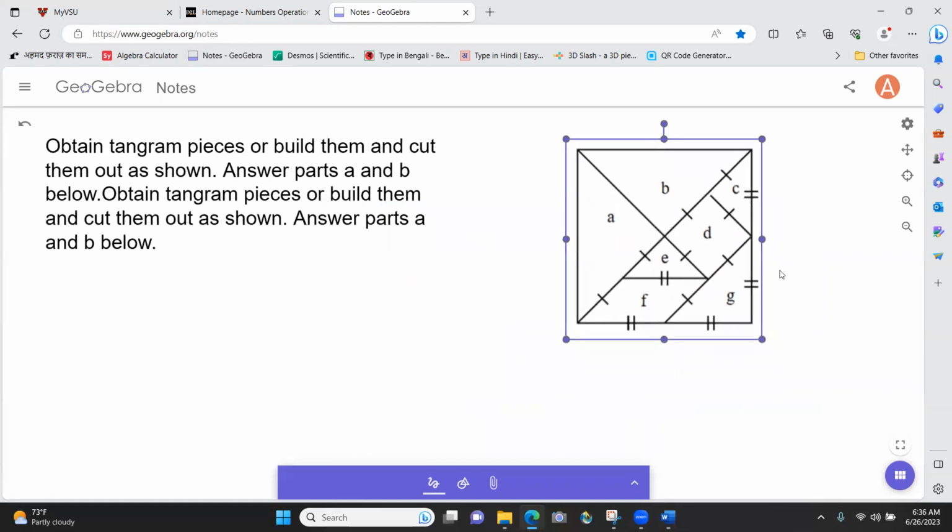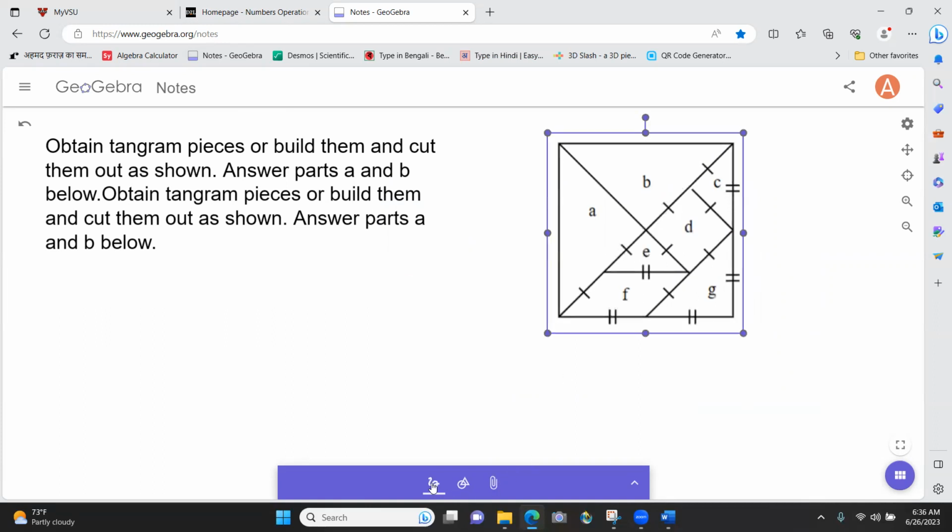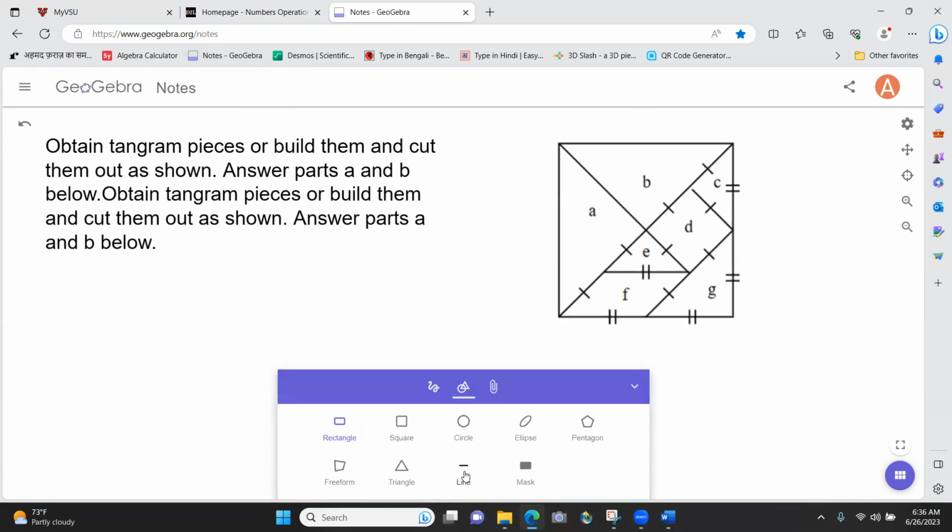All right. So we need to find the fraction of each piece. I'm going to do it one at a time very slowly. Some are easier, some are harder. Now, this is A and B. Each is going to be 1/4, right?